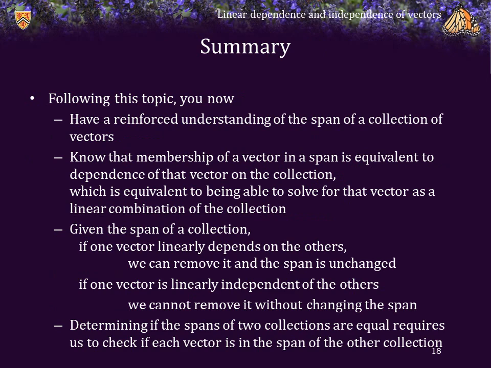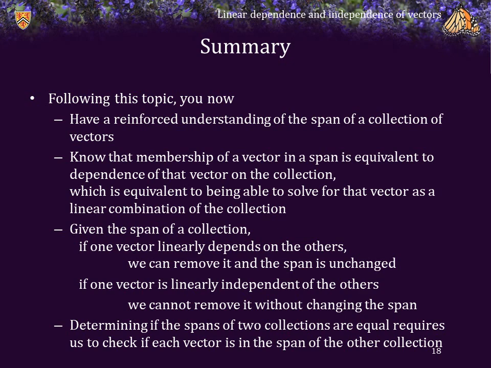So, following this topic, you now have a reinforced understanding of the span of a collection of vectors. You know that the membership of a vector in a span is equivalent to dependence of that vector on that collection, which is equivalent to being able to solve for that vector as a linear combination of the vectors in the collection.